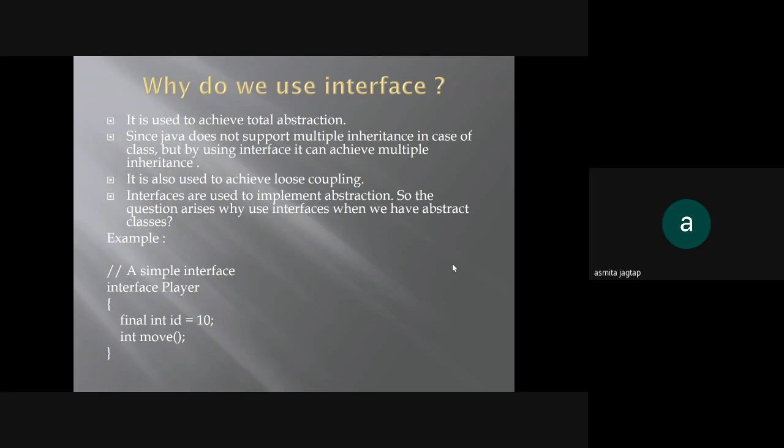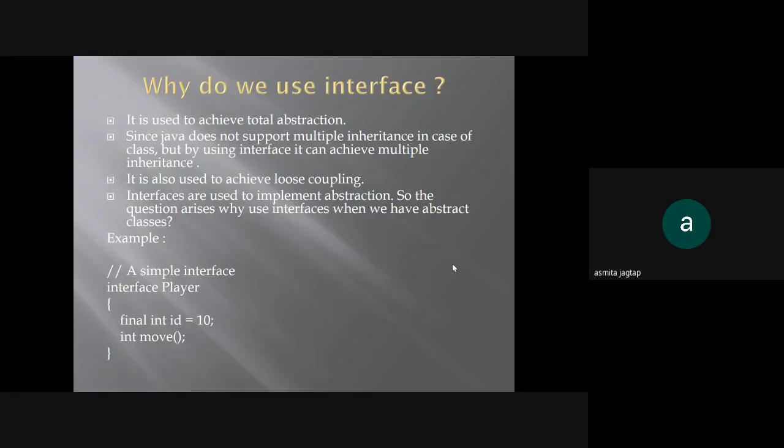So whenever you make any change in the parent class, it will affect your child class. That is one difference between interface implementation and the extends keyword. So these are loosely coupled, and with the help of interface, we can achieve multiple inheritance.